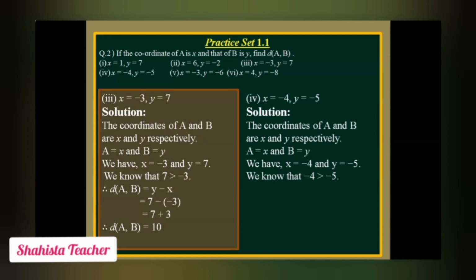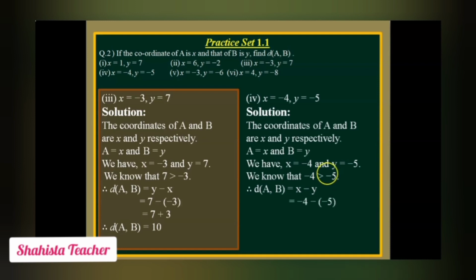Is that clear? x is -4 and y is -5. So here we will write distance of A comma B is equal to x minus y. So here x value is -4 and y value is -5. Here we will use 3 minus signs. For x we will put here -4 and for y we will put here -5, and here one more minus sign we will include, that is the distance minus sign.